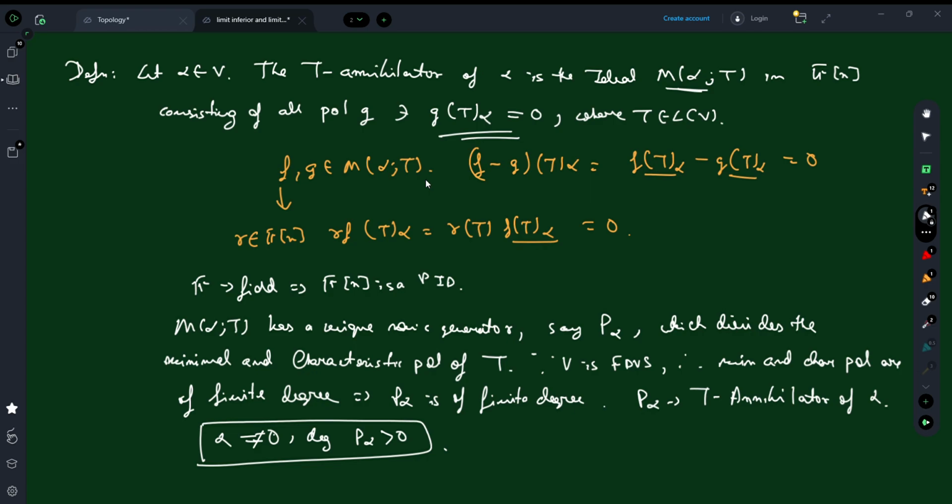But when we have a unique monic generator of that ideal, then that monic generator is also called the T-annihilator, or in that case the T-conductor, and so on. So we can consider this to be the specific definition of what the T-annihilator of a vector is, but the ideal is also some sort of a broader form.